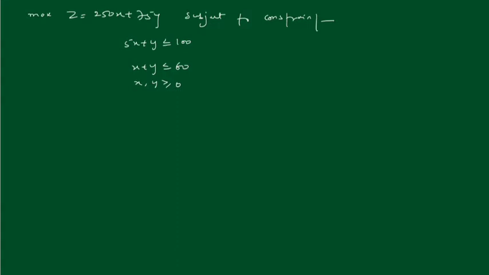So let's see how we can solve it graphically. Z equals 250x plus 75y subject to the constraints.